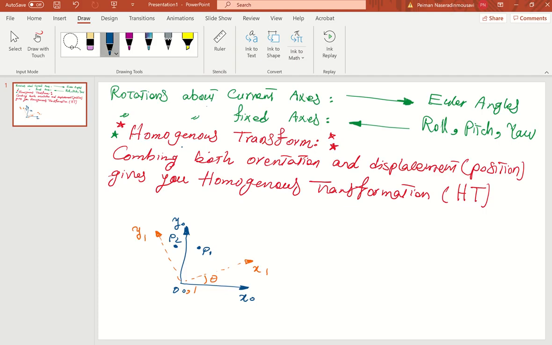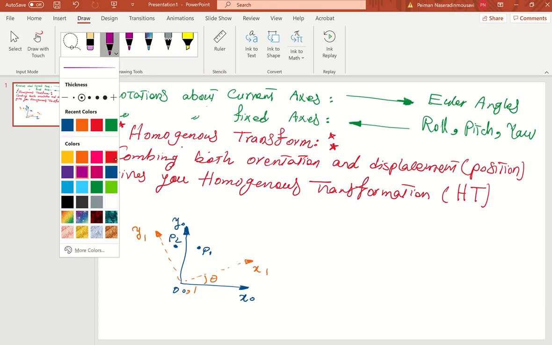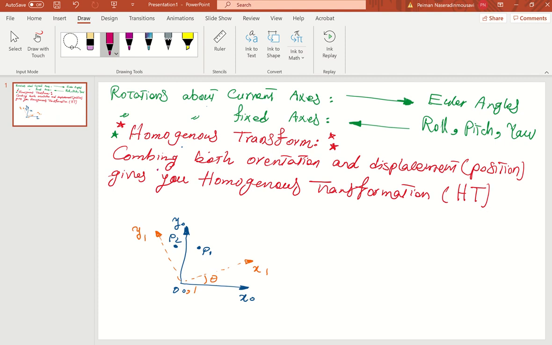Now we are making another motion. We are transferring this coordinate frame O1, X1, Y1 to this point. I'm changing color. This is a translational motion. There is no rotation, I'm only transferring the origin.